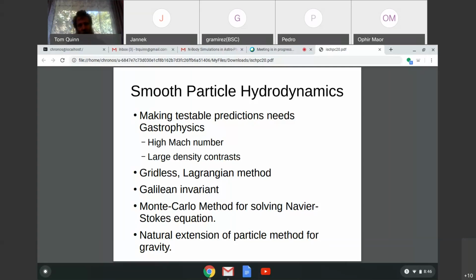We would like a Lagrangian, in particular Galilean invariant method. And the reason for this is that, as the galaxy forms, the galaxy is moving through the universe.